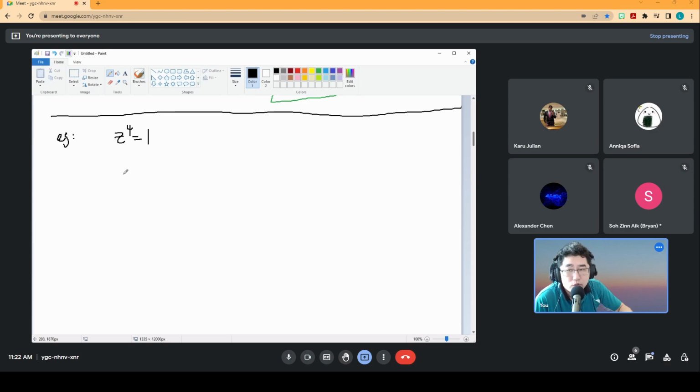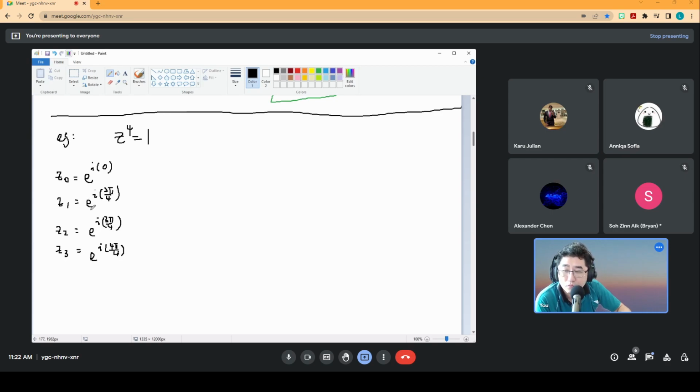First thing first, we want to write out the roots. So I have Z0, Z1, Z2, Z3. This will be e^(i2π over 4), this is 0, sorry. Then this is e^(i2π over 4), this is e^(i3π over 4), this is e^(i4π over 4).